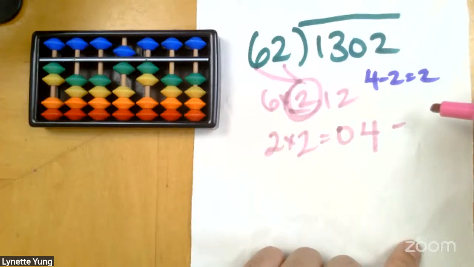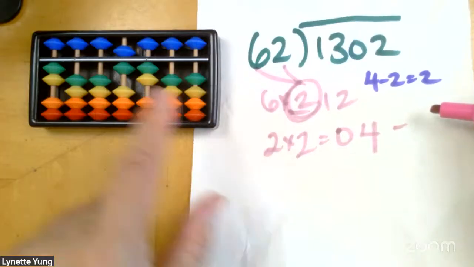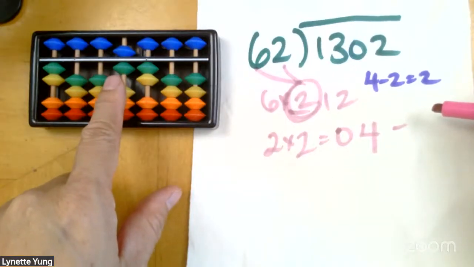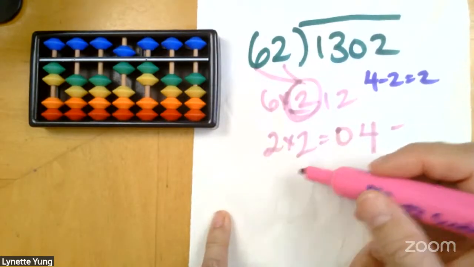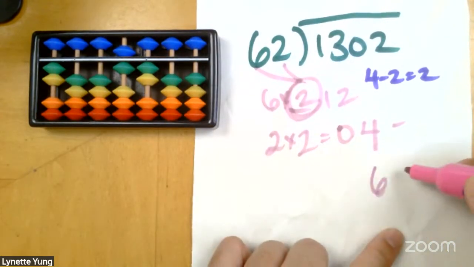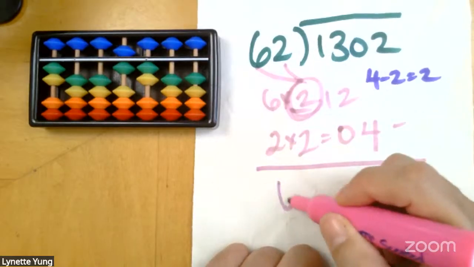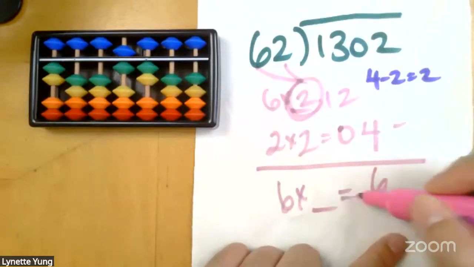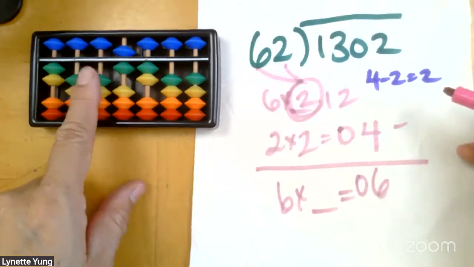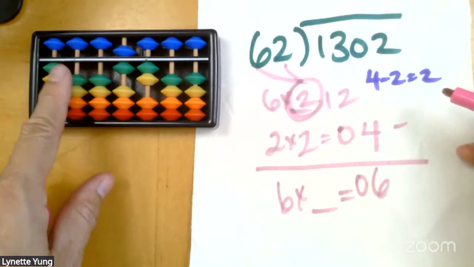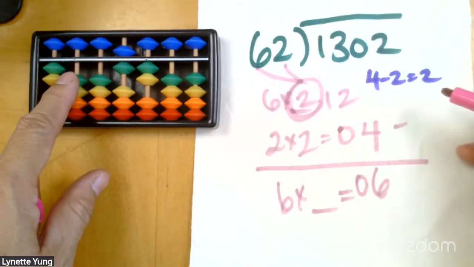Okay, and so then you're left with 62. Now, if it's 62, what times 6 is equal to 6? 1. 6 is a single digit, right? So don't forget, instead of here, we're going to put our quotient here.